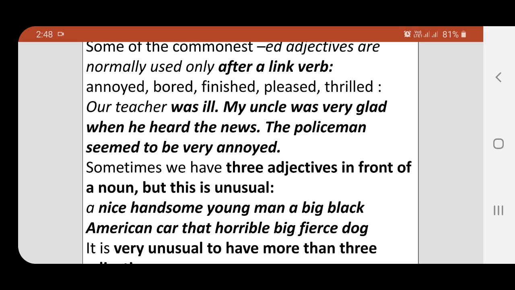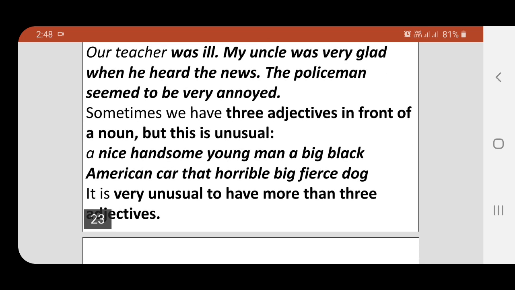Sometimes we have three adjectives in front of a noun. Of course, this is very unusual. Imagine we have three adjectives in front of a noun. One sentence: a nice, handsome young man. Man is the noun.